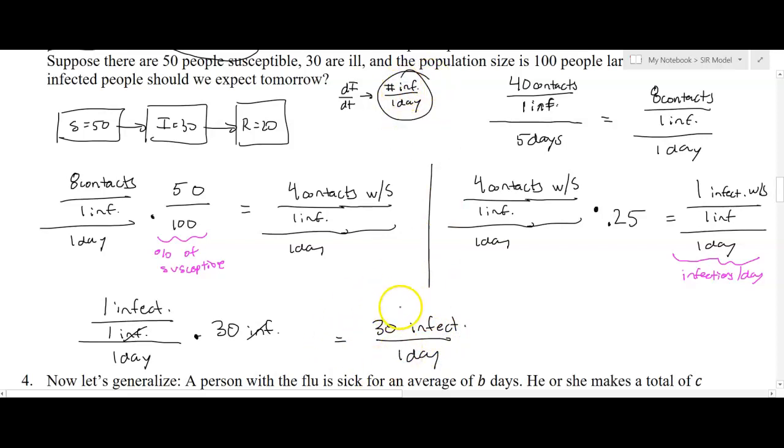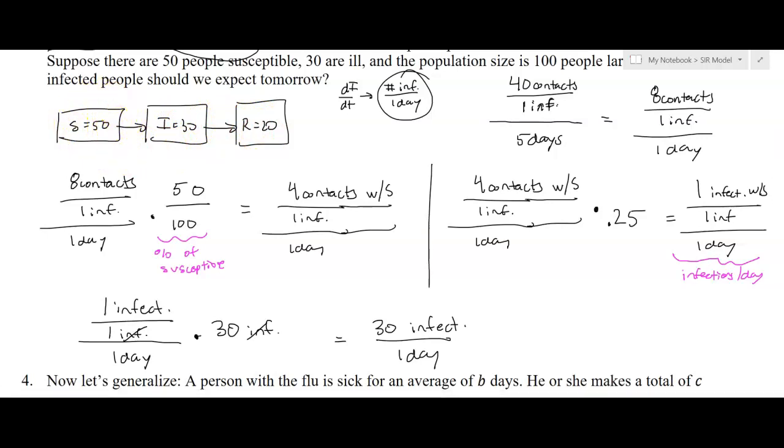And now we know how many new infections there should be tomorrow. There should be 30 new people infected. And that's a lot, right? Because each of these 30 people caused one infection, and so 30 of these 50 people are now going to move over to the infected group. 1/5 of these 30 people are going to become removed, and now there are only 20 susceptible.